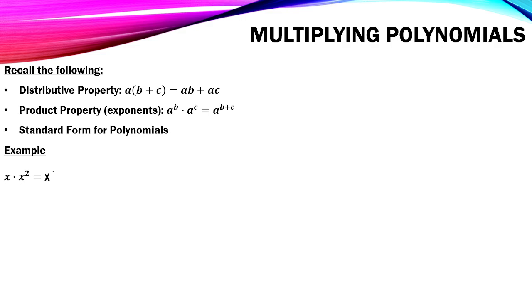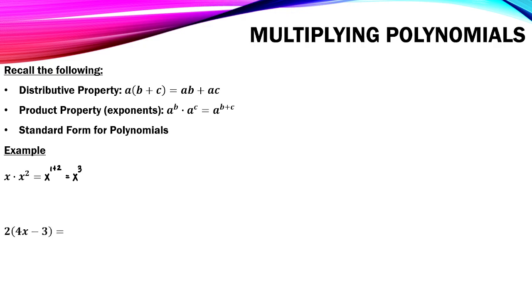So this would be the same as x to the power of 1 plus 2, which gives me x to the power of 3. But I want you to know this without showing that work. We should be able to do it in our heads, and that's what I want us to get used to, okay?